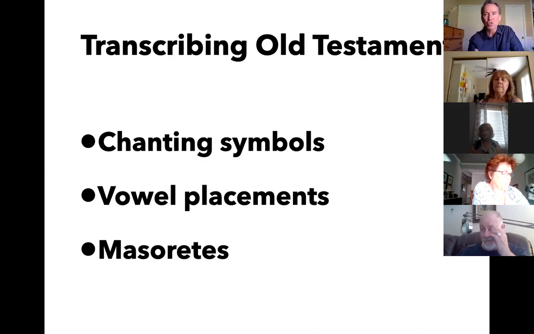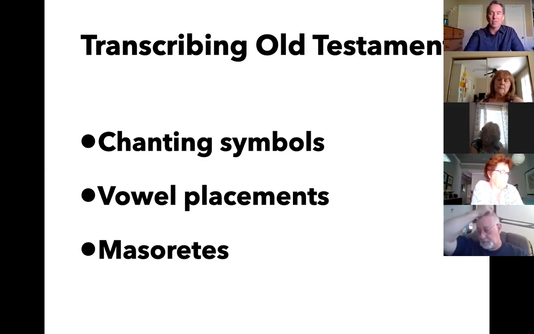But the Masoretes preserved it thanks to these chanting symbols and these vowels. We know how to speak it. We know what those words really meant. So, like my professor said, thank you, Lord, for the Masoretes.